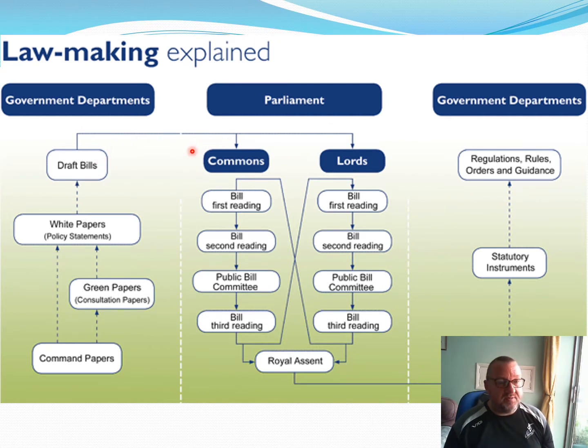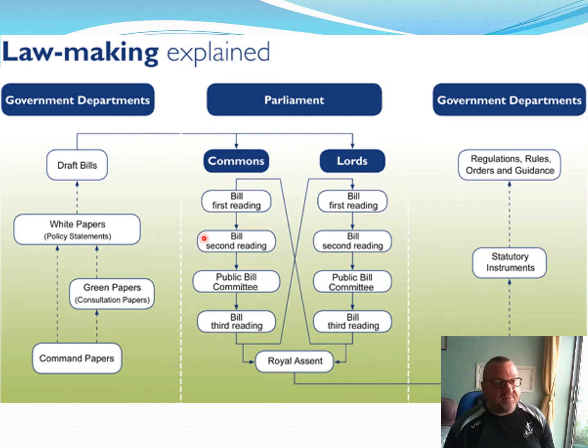It goes to the House of Commons. There is a first reading, a second reading. It will then go to the Public Bill Committee, a third reading. And after the third reading, it will then move to the other house, the House of Lords, and the same process will happen again. First reading, second reading, committee stage, third reading.